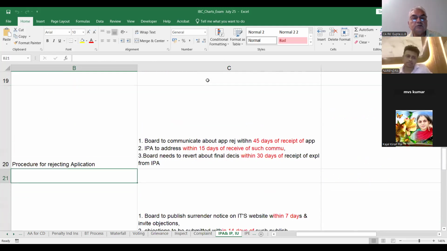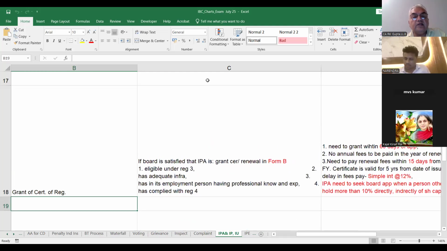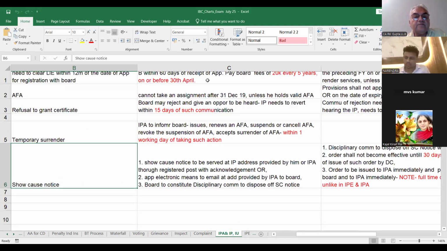So first of all, if they have any objection, then the board will communicate about the application rejection within 45 days of the receipt of objection. So they will say why your registration should not be rejected. And then the IP has to revert within 15 days of the communication, and then the board will revert about the final decision within 30 days of the receipt of explanation. This is equally applicable both in case of IP and IPA.